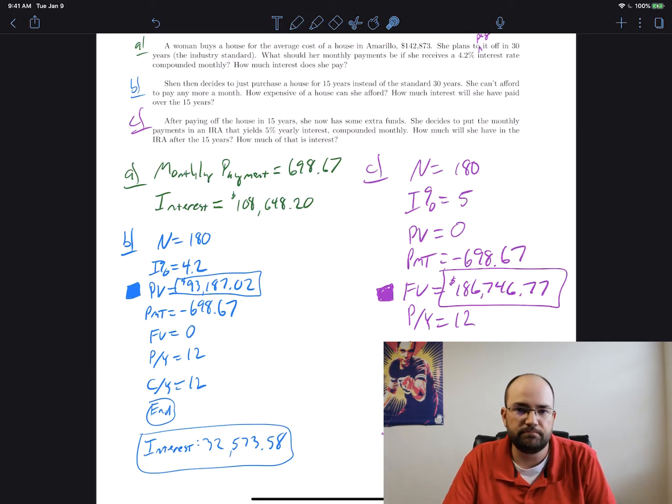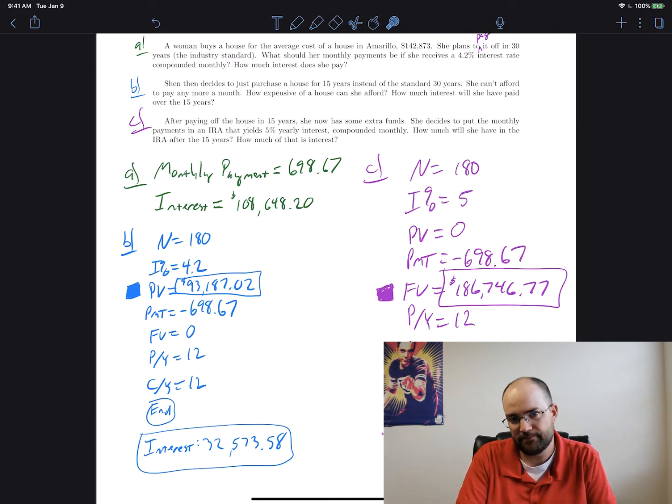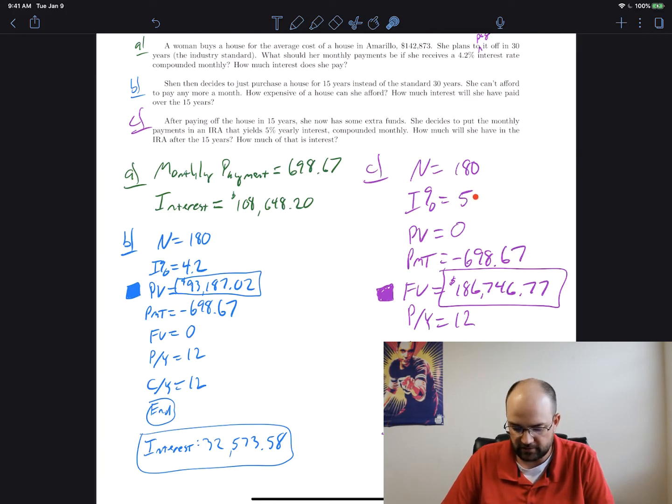But then she has money left in her budget, and she takes that money and starts putting that into an interest-bearing account. And it's only 5% interest. And at that 5% interest, she then has $186,746.77 in there.